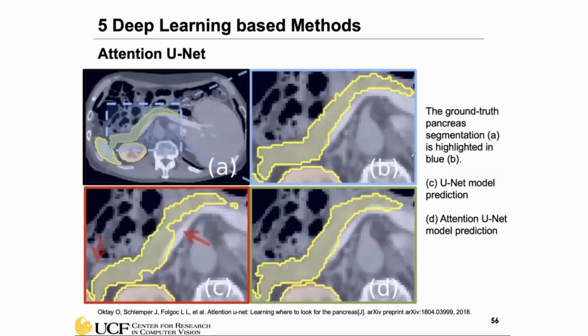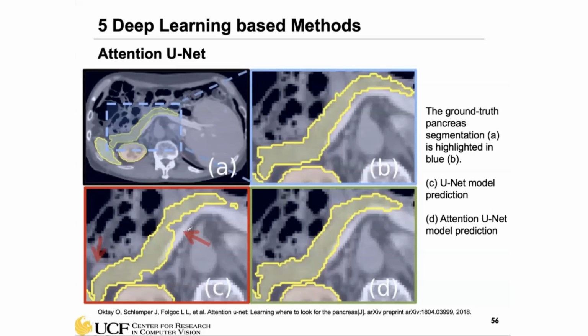And they also show some results for pancreas segmentation, with comparisons to U-Net. The U-Net result corresponds to C, this image highlighted by the red bounding box, and D is their attention U-Net model prediction, in this green box, and B is the ground truth. So this is the accurate annotation of the pancreas.